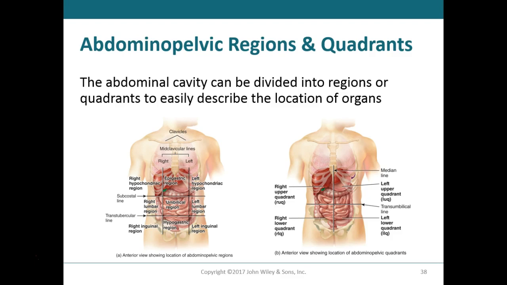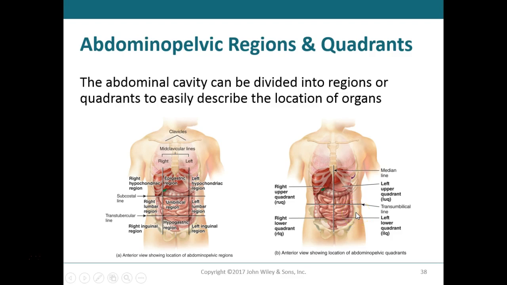Okay, so when we're studying the abdominopelvic area, it's useful to divide it into certain regions or quadrants. Most commonly, the 4-quadrant system is used, as you see here. So there is a right upper quadrant and a left upper quadrant, a right lower quadrant, and a left lower quadrant.